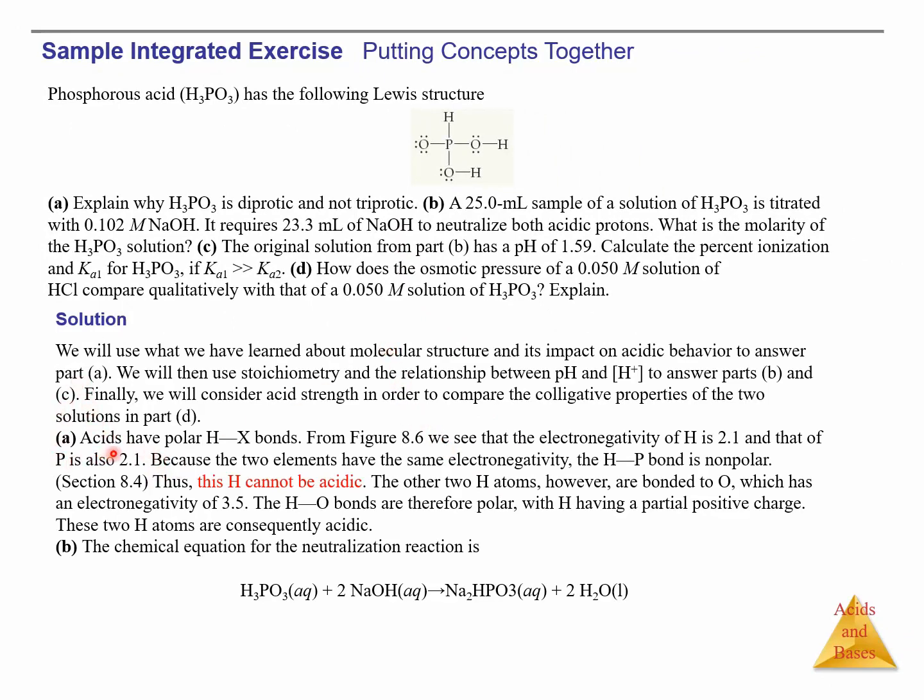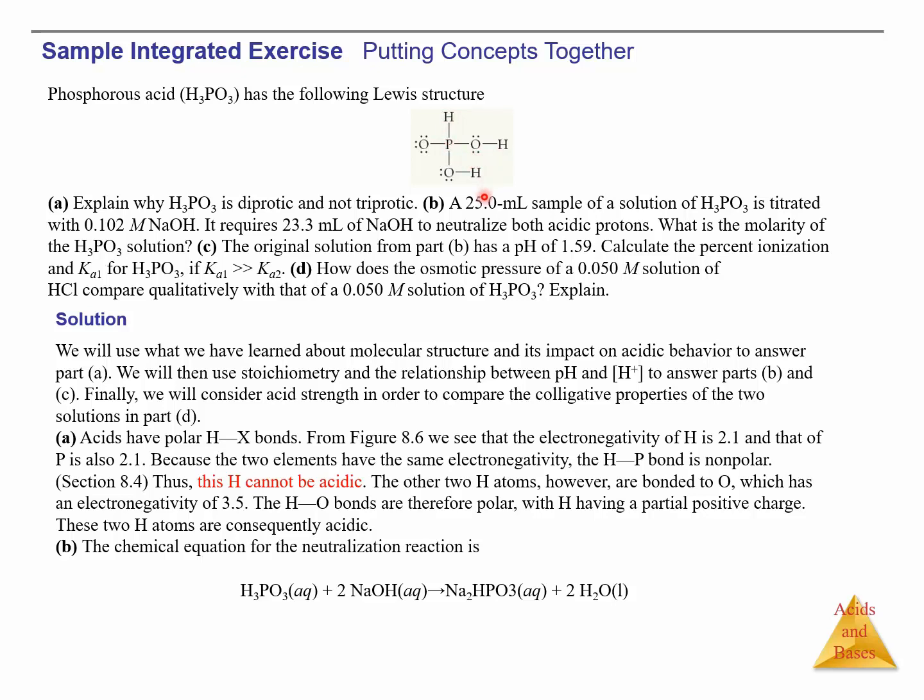So in A, acids have polar H-X bonds. Now, from figure 8.6, we see that the electronegativity of hydrogen is 2.1 and that of phosphorus is also 2.1. Because the two elements have the same electronegativity, the H-P bond is nonpolar. Thus, this H here that is attached to phosphorus cannot be acidic.